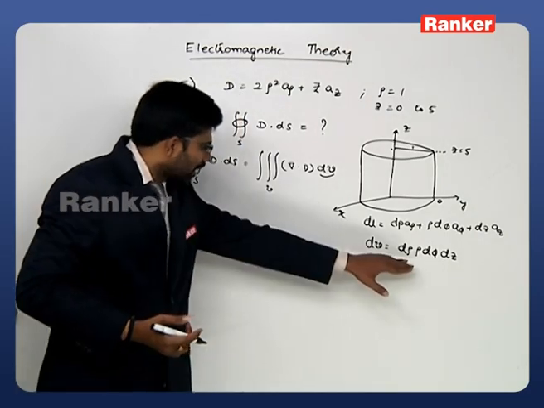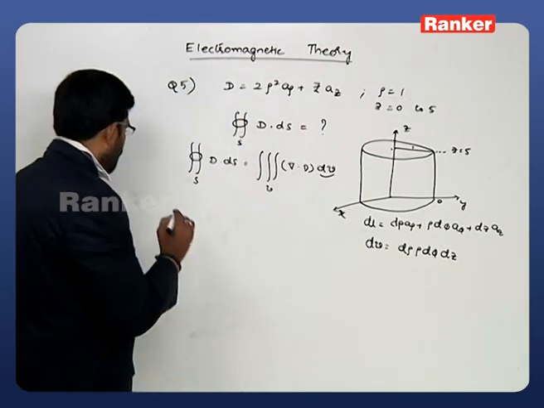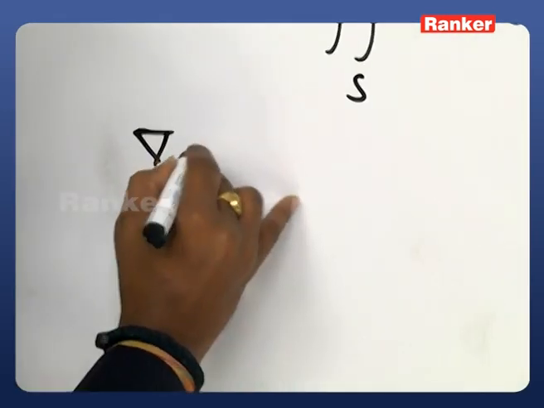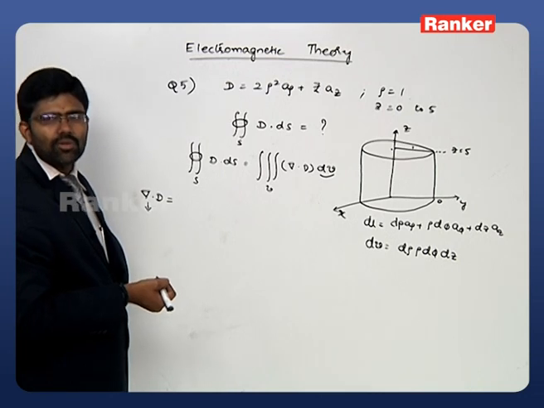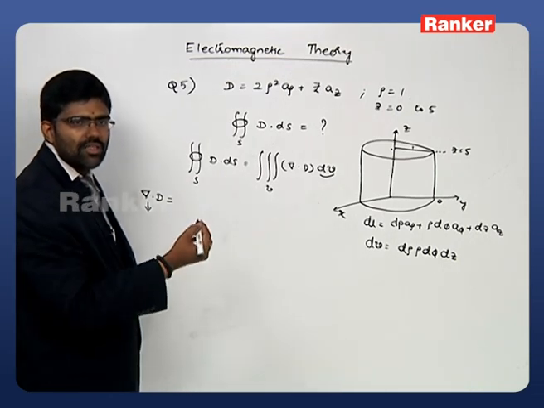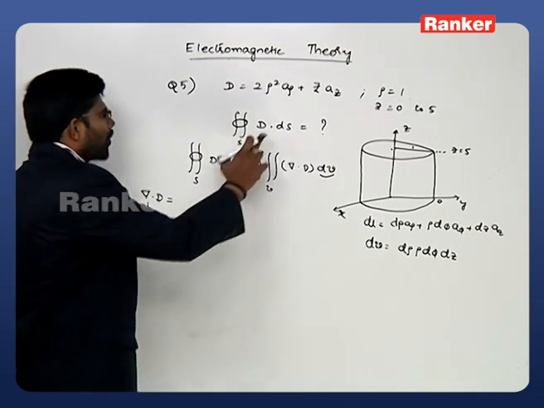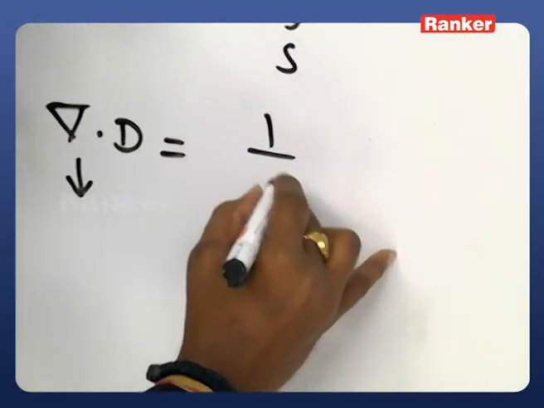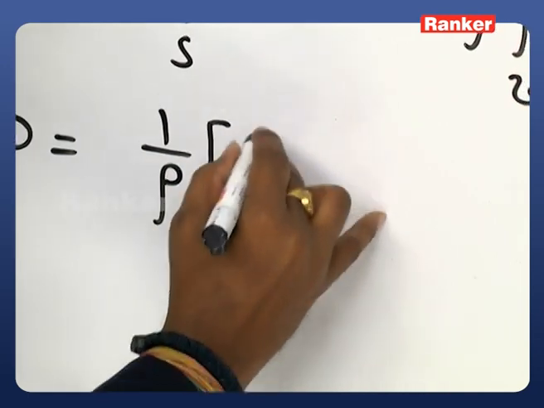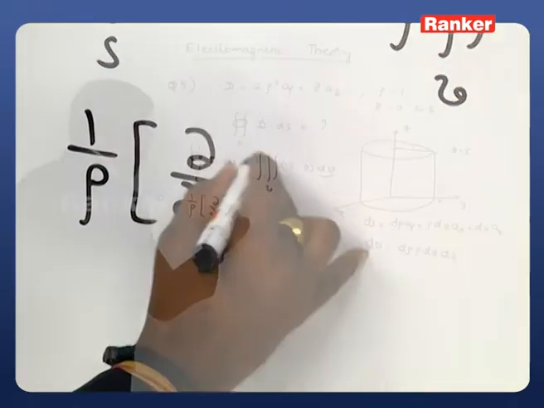So keep this aside. Now come to the divergence of D. Del dot D is what I want. So the del operator will be taken in the cylindrical coordinate system. In the cylindrical coordinate system, the divergence is 1 by rho, dou by dou rho of rho A rho.